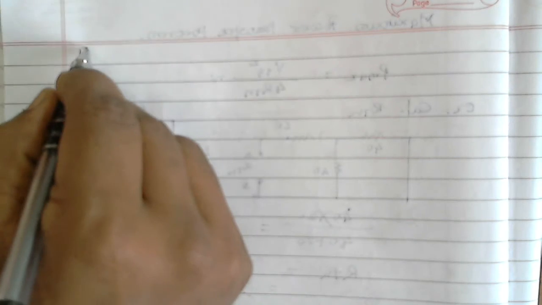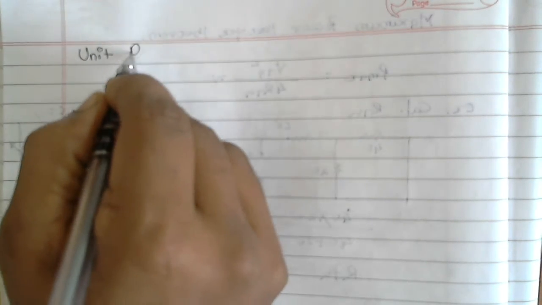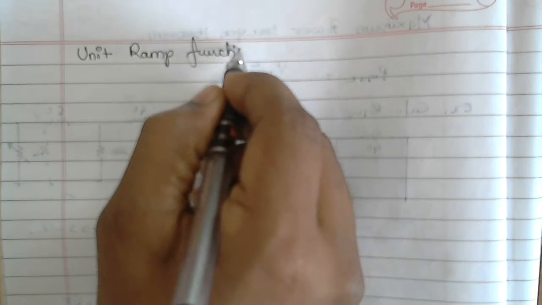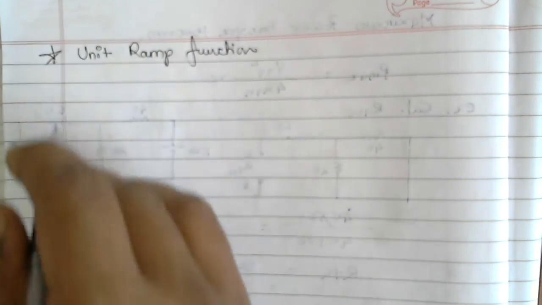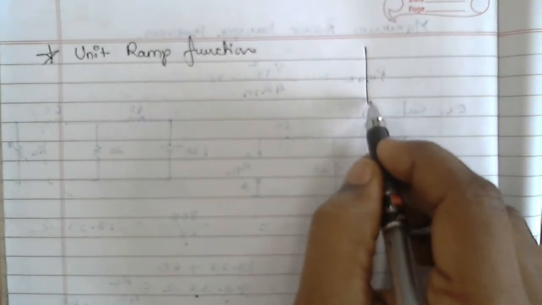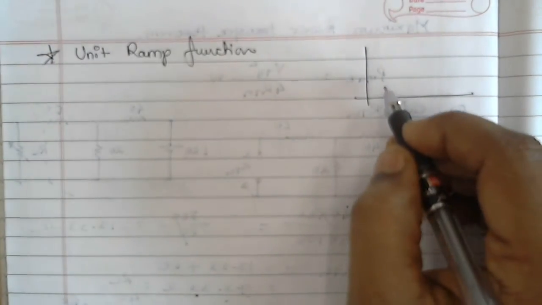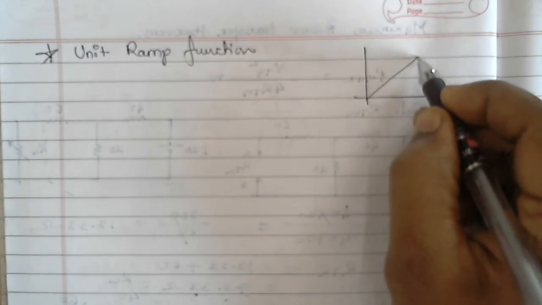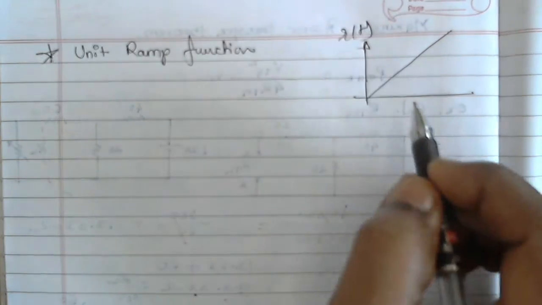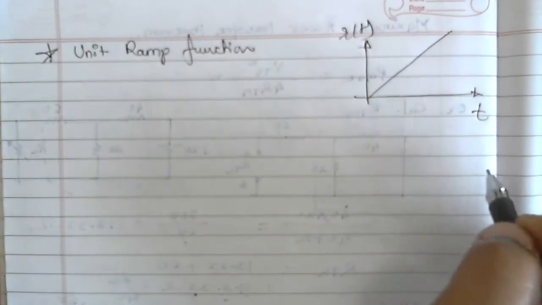unit ramp function. What is the unit ramp function? See, r of t is t.